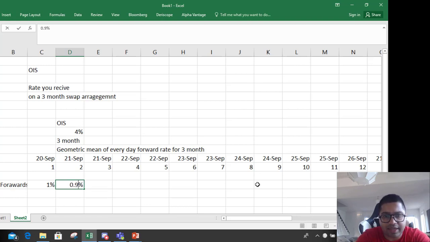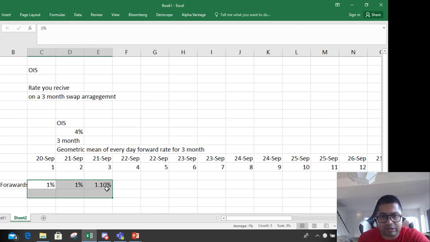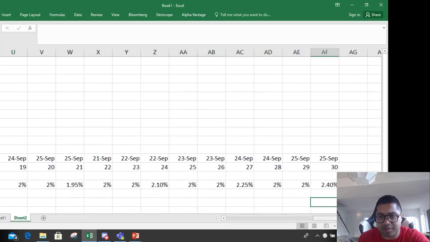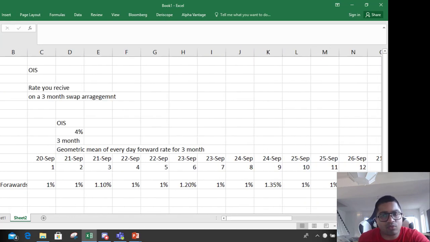Then the expectation it will go to 1.1%, and so on. So these are forward rate expectations for the next 30 days. It is up, it is down, whatever, random. The rate that you get on an overnight index swap is the geometric average of all these forward rates.